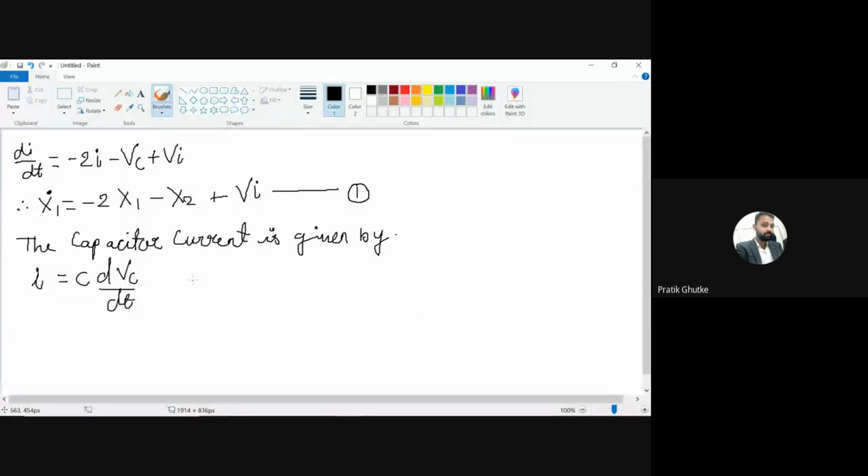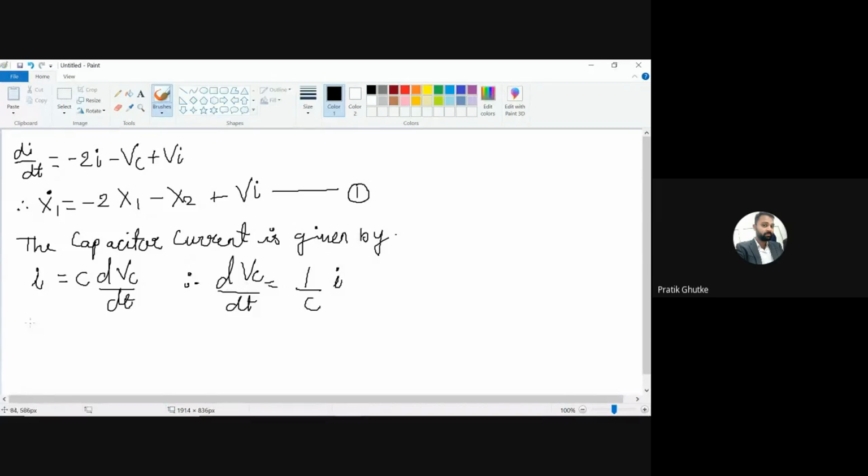Therefore, what would be my dVc by dt? It would be 1 by C into I. Okay. Substituting the values of C, what will we get? The values of I that we assumed.